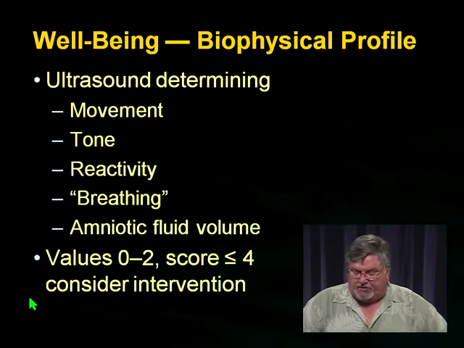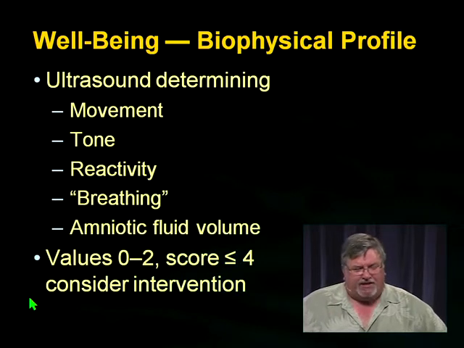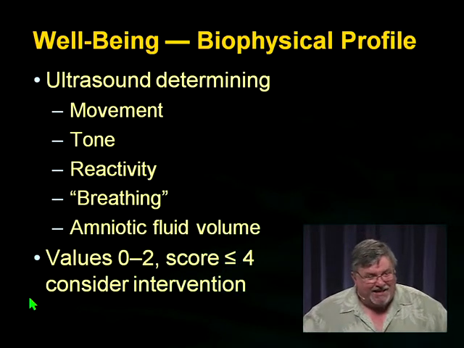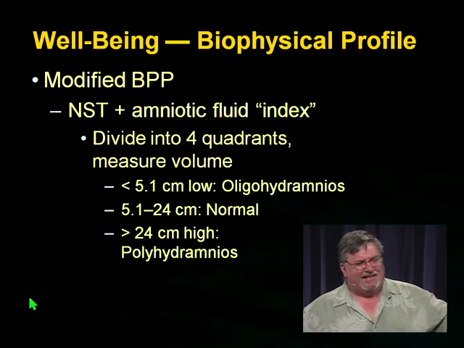So this is when you use ultrasound to look at those 5 things: movement, tone, reactivity, breathing, because there ain't no gas in there, and amniotic fluid volume. Assign a score, and generally scores of less than or equal to 4, consider intervention, and intervention would be, I love it, you might want to take the OB exam the next day.